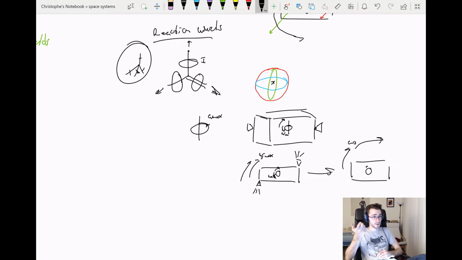But the real reason that we desaturate with propellant systems is because reaction wheels are a far more precise method of attitude control, because we can have encoders or other measurement devices that can really finely tune the attitude, or the angular velocity that we are rotating the space vehicle at, which makes reaction wheels a really good way of precisely controlling our attitude, whereas thrusters aren't so precise.